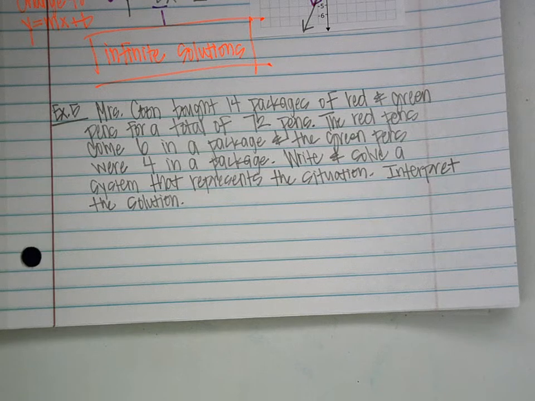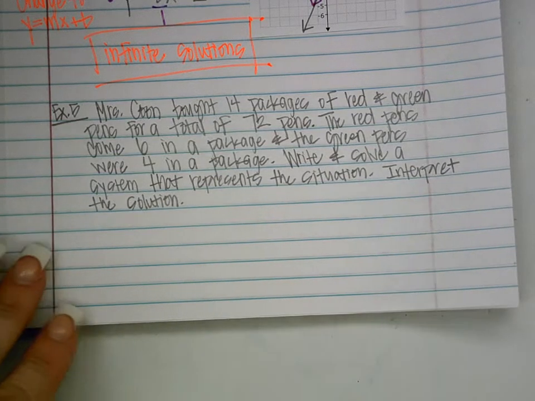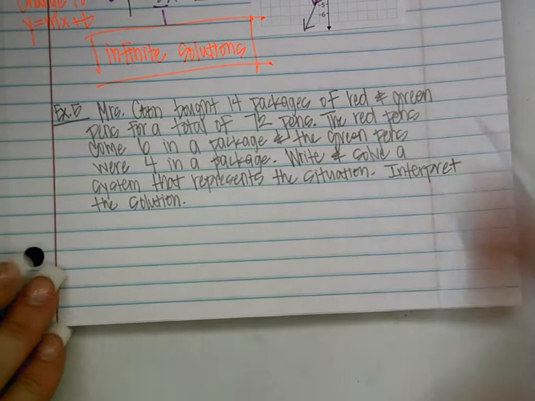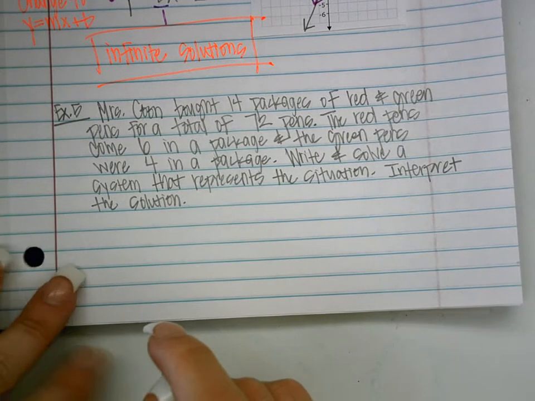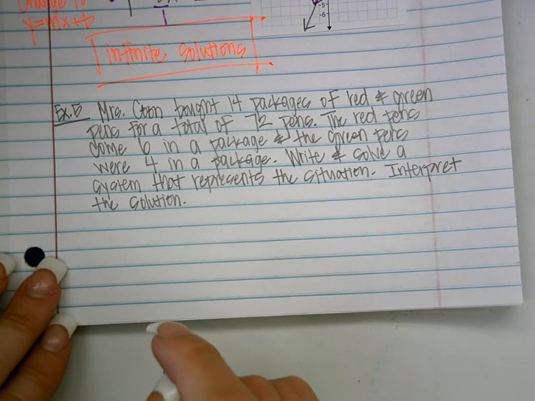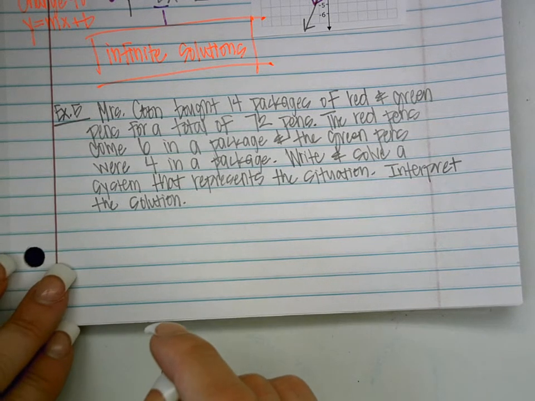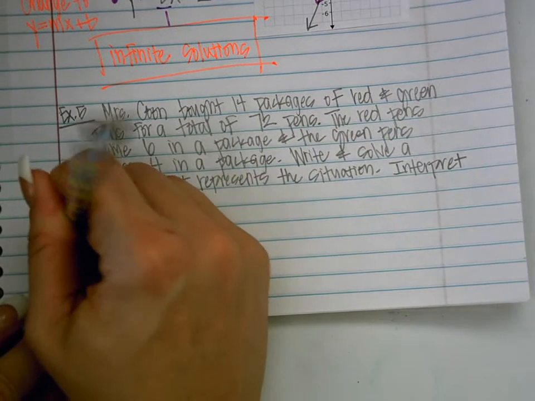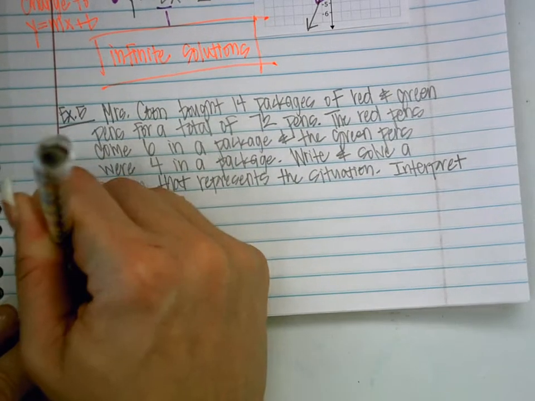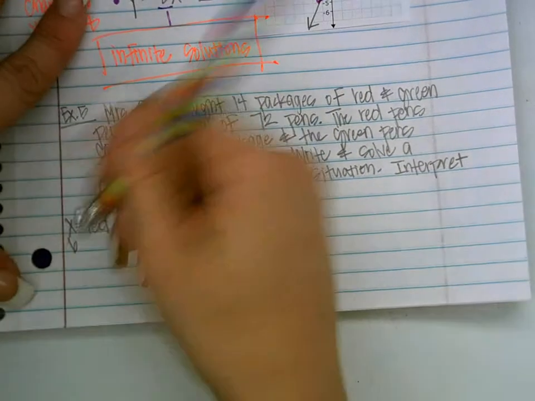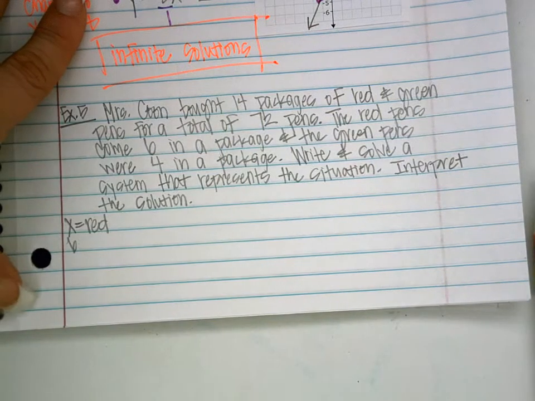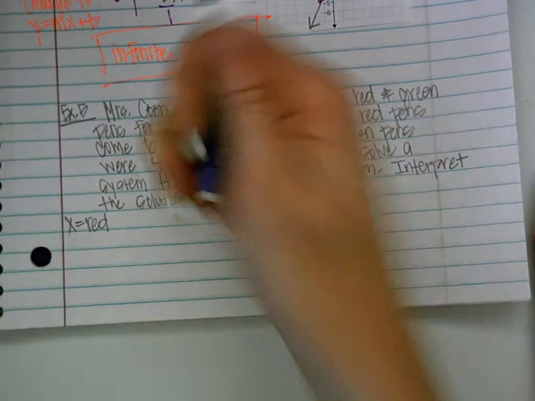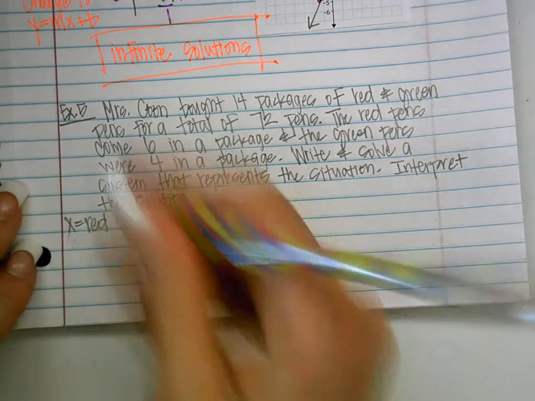I have no idea what to do here. Someone help me out. Okay, so we're going to make 2 different equations. I'm going to say x equals the red pens, y equals the green pens.